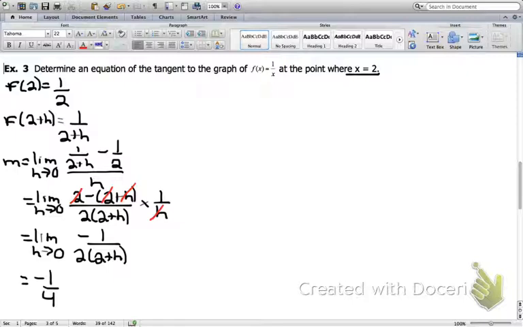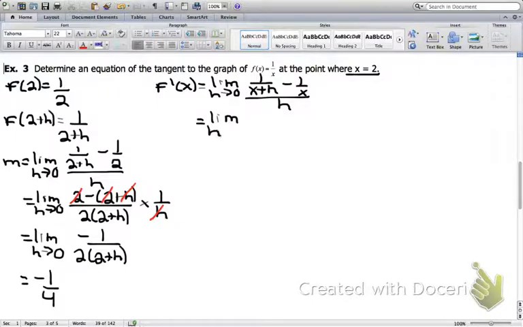Now, a little bit different from what we're going to do when we're doing derivatives. We're going to find f prime of x. So we're not going to actually sub in our x value here. So f prime of x is going to be equal to the limit as h approaches 0 of 1 over x plus h minus 1 over x all over h, which is equal to the limit as h approaches 0 of x minus x plus h.